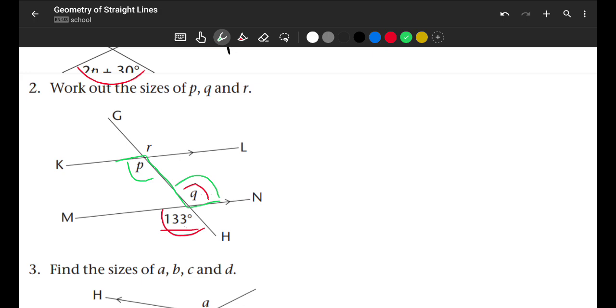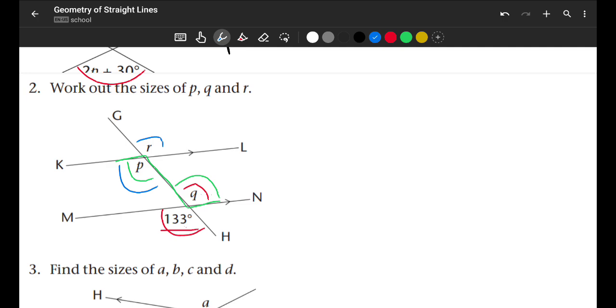So Q is equal to 133 degrees and P is equal to Q. What else can you get from this? P and R, are these not vertically opposite angles? So that and that, vertically opposite angles. So P is equal to R. So R is equal to P and P is equal to Q and Q is equal to 133 degrees.